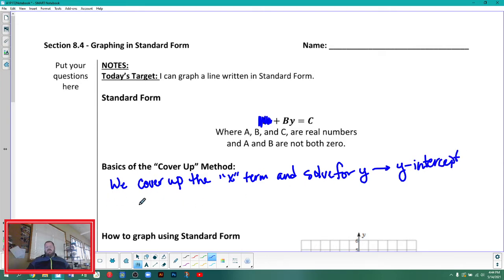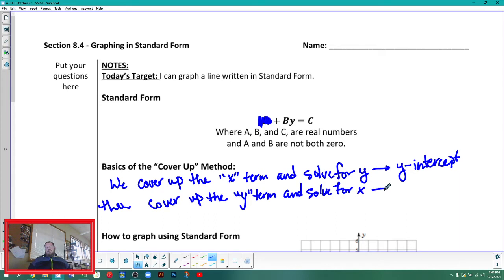And then I'm going to repeat that process. I'm going to cover up the y term and solve for x. That's going to give me my x-intercept.